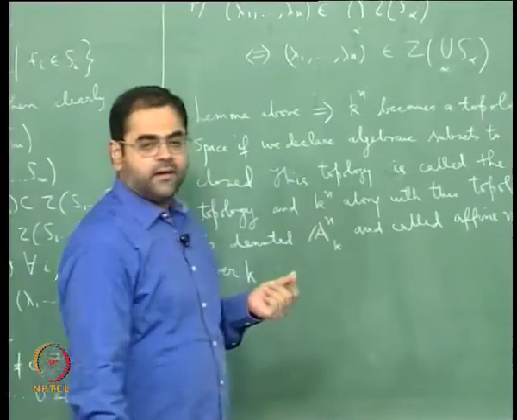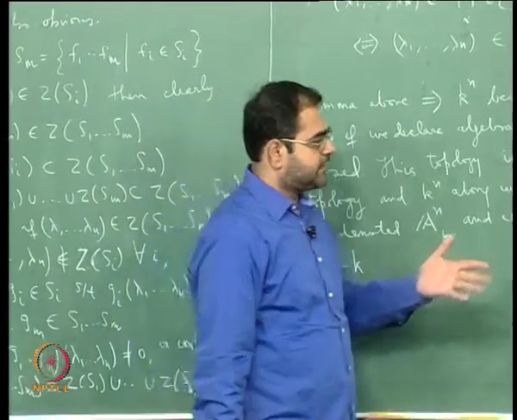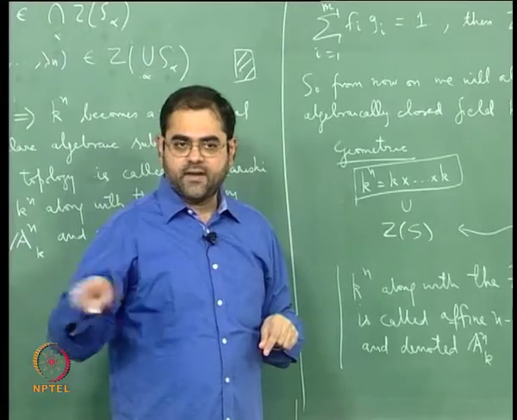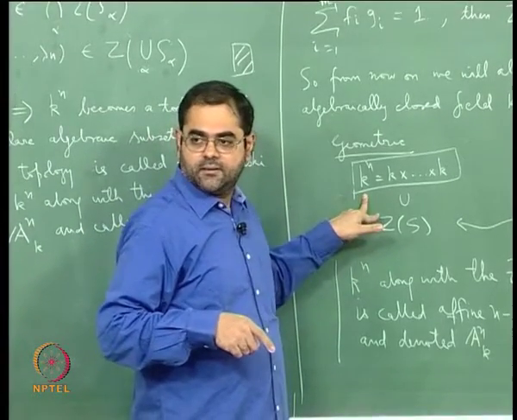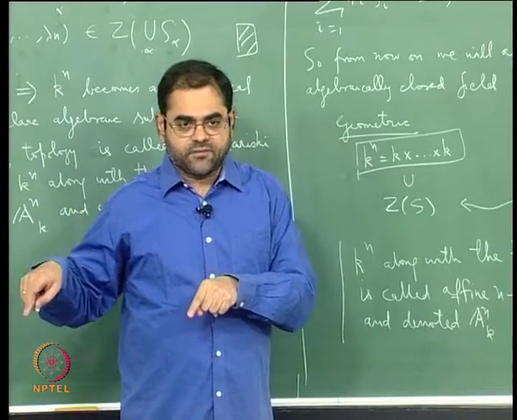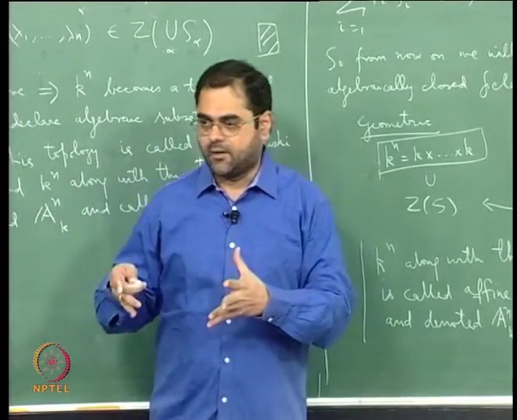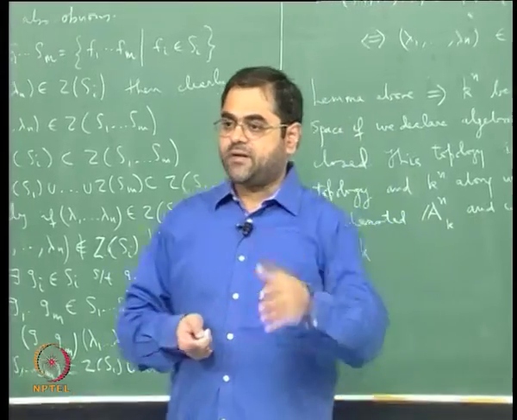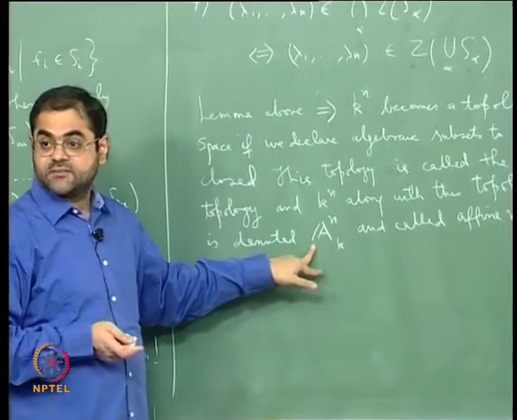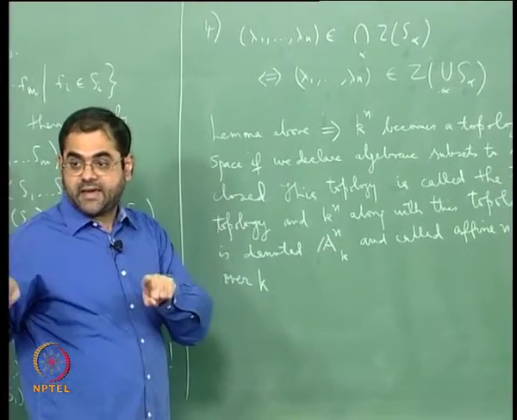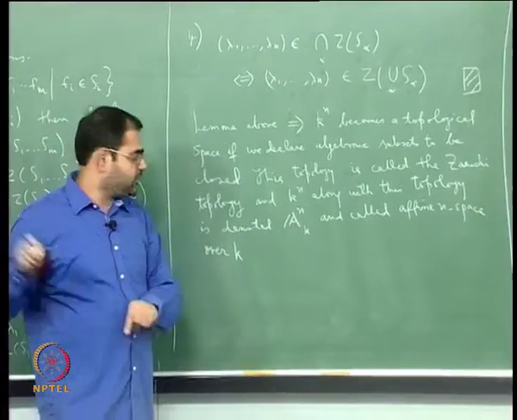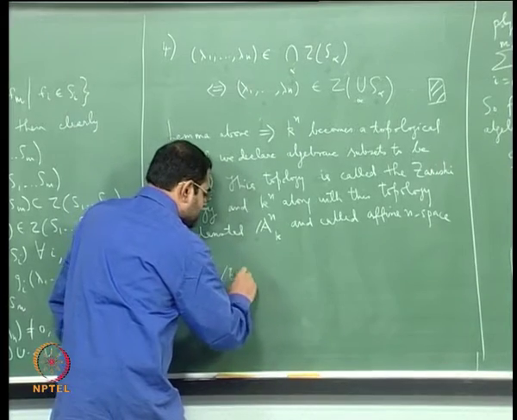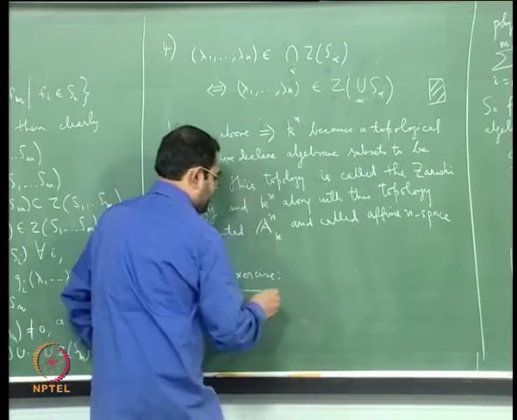Maybe if you want you can try it out as an exercise, that you take any polynomial here and think of it as a map from Kn to K, evaluating every point on that polynomial will produce an element of K. So every polynomial becomes a function on this affine space, and then check that that function is actually continuous for the Zariski topology, because the source space is Kn with the Zariski topology which is An K, and the target space is K which is A1 K. Okay, so fact, or I'll put it as exercise, but we will see this later in detail.